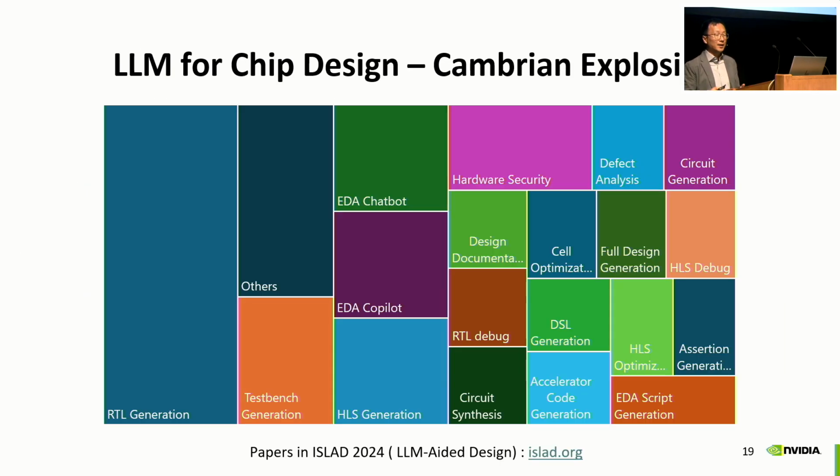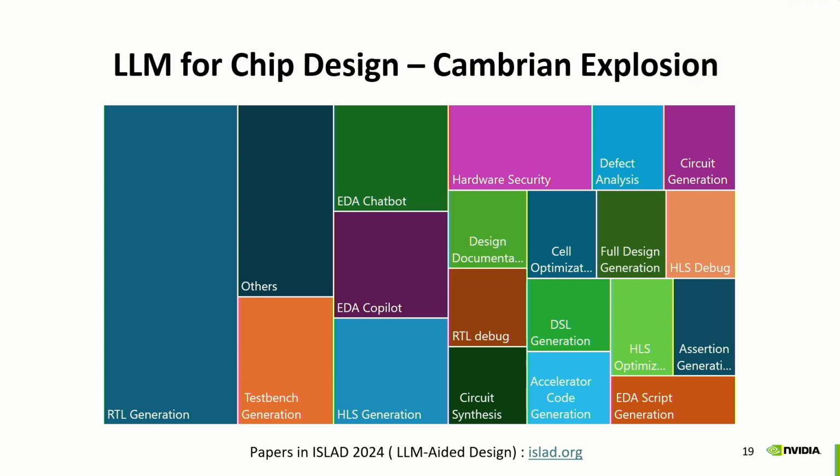So we have seen an explosion of novel language model use cases for chip design. This figure shows the distribution of language model use cases for papers that appeared in the recent LLM design conference.